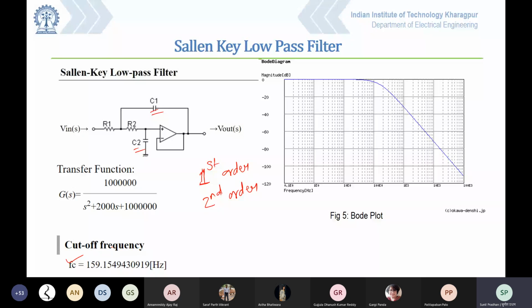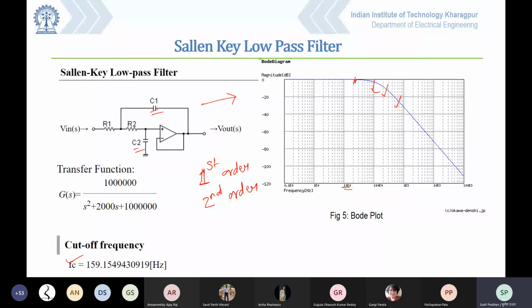While doing this analysis, you may require a Bode plot, Nyquist plot. A lot of plots are there. This is a sample Bode plot corresponding to this filter. You can see this is your 100 hertz. Around 159 hertz, you can see that attenuation begins.